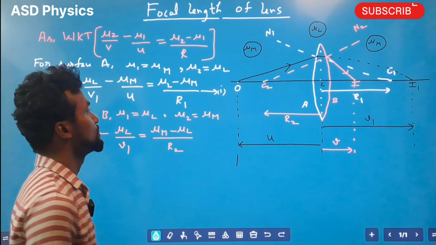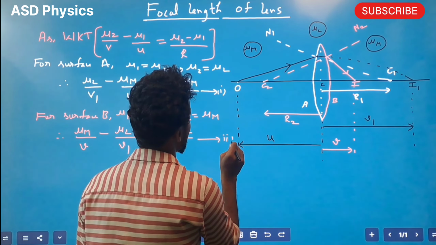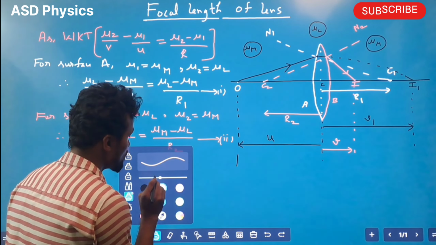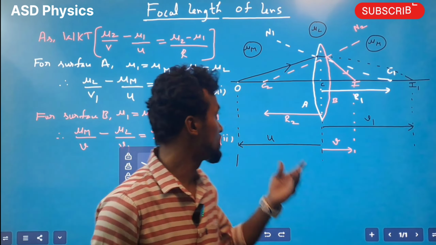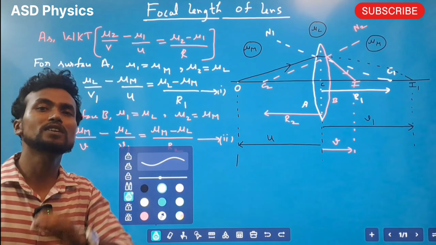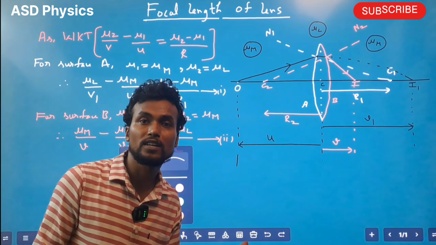Let us call this equation 2. Now students, our equations are ready. The first equation we got from refraction at the first surface, and this one from refraction at the second surface.